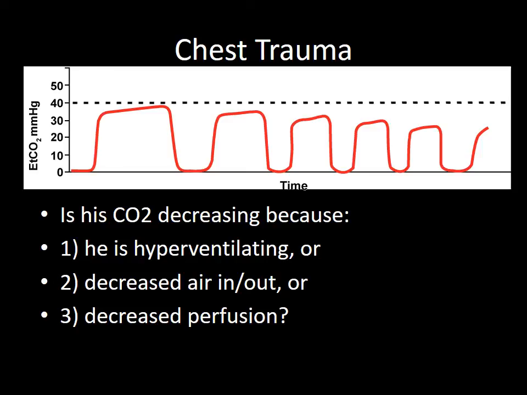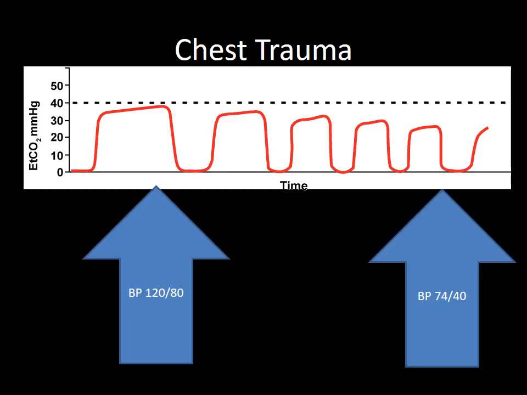Well, we've got to look at the entire picture. We have to go back and look at our patient. By the way, early in the scenario, his blood pressure was 120/80, and now his blood pressure is 70/40. He's having a hard time breathing, he's got anxiety, he's clearly trending down with his blood pressure.